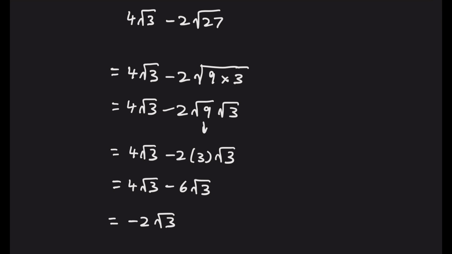And then let me show you an example where they're different. So imagine you had 5 root 2 plus 3 root 7 plus 4 root 2 minus 2 root 7, like this. Some of my students struggle with this as well.